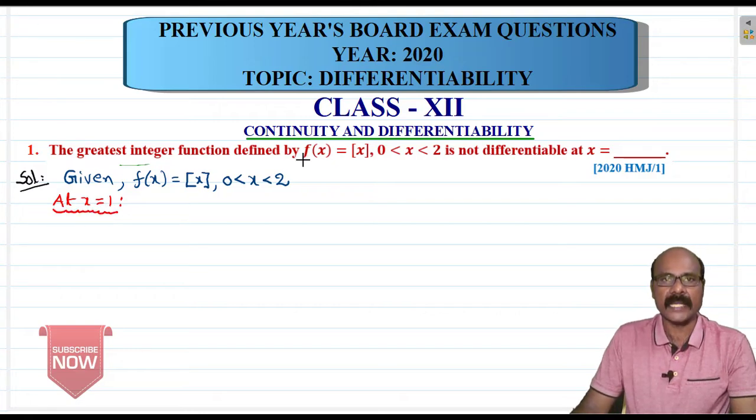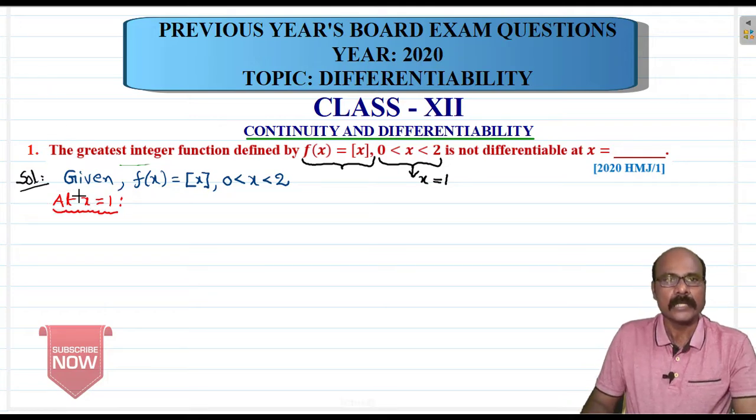In this question, the given function is the greatest integer function. So between 0 and 2, what are the integral values we have? Between 0 and 2, we have only one integral value, that is x is equal to 1. That's why we are going to find the differentiability at x is equal to 1.